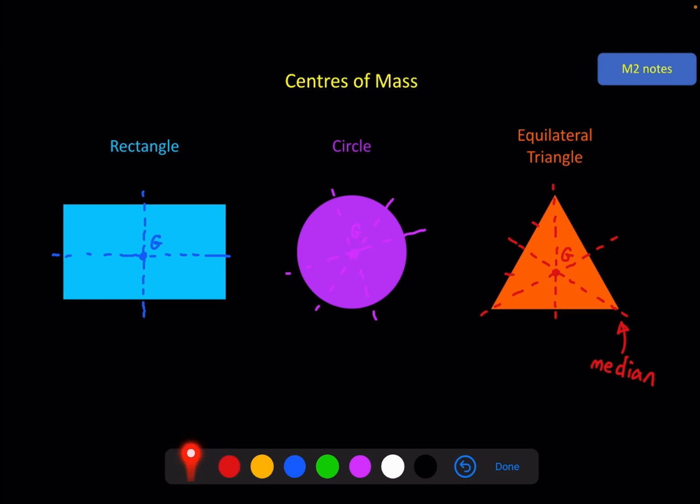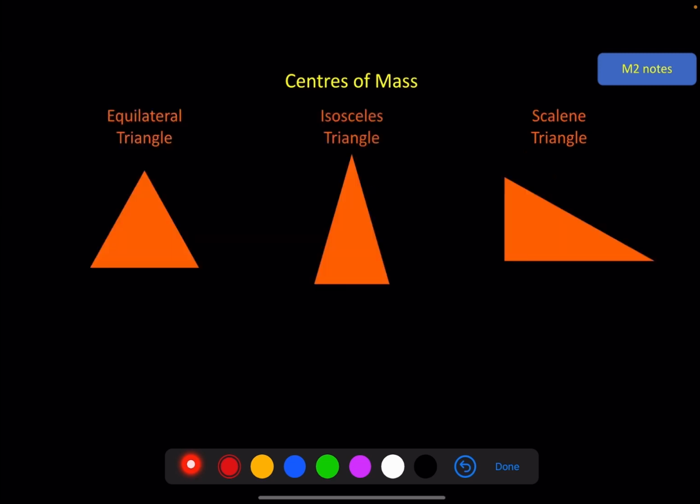So here we have three medians of this triangle, and where those medians intersect is called the triangle's centroid. And the centroid of a triangle is where its center of mass is located. Now I think that's pretty obvious on an equilateral triangle, but it's not so obvious on a scalene triangle. So let's work our way up to that.